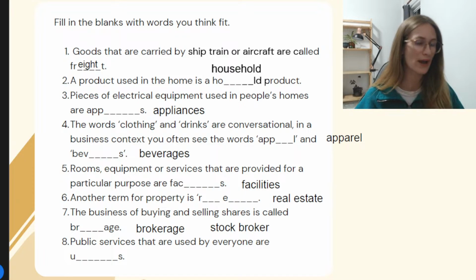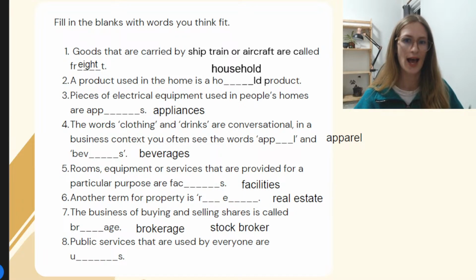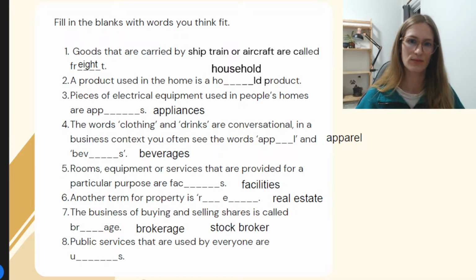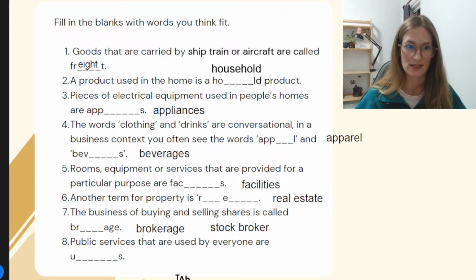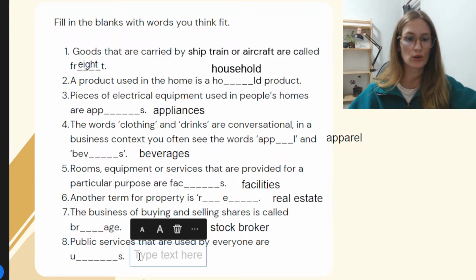Everyone, no matter where you live in the country, accesses these types of things. And what is the name for those things? Often when you get a bill at the end of the month, it will be called your, exactly, utilities. At the end of the month, you will get a utility bill.